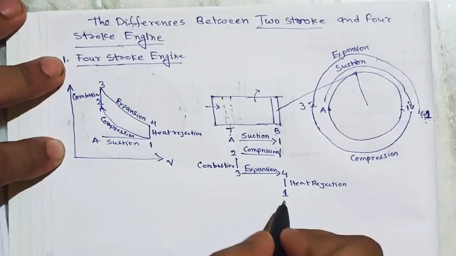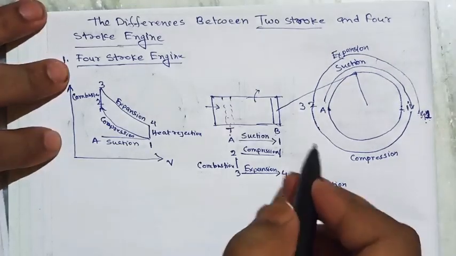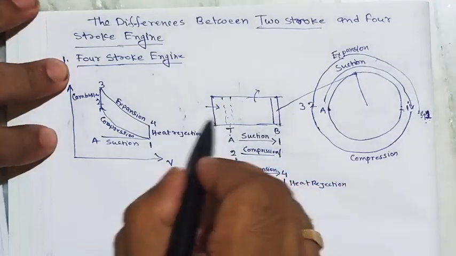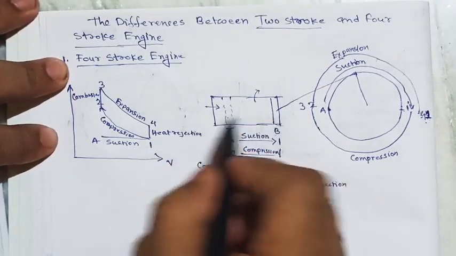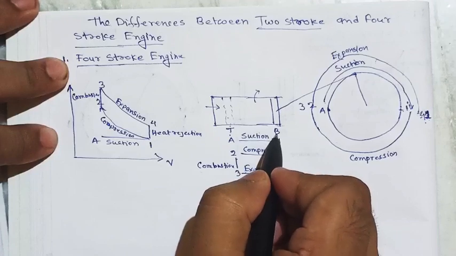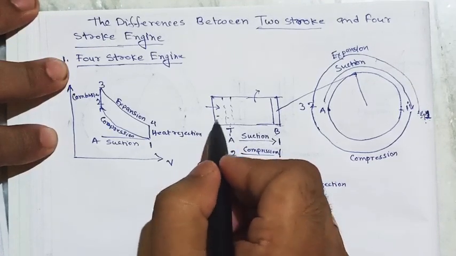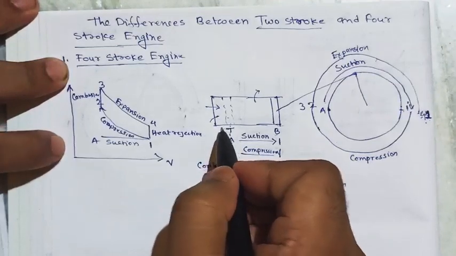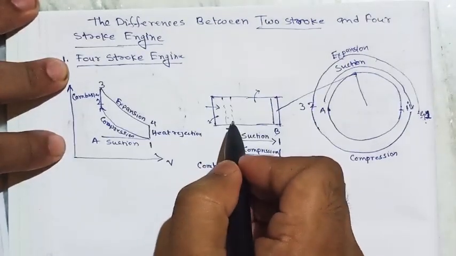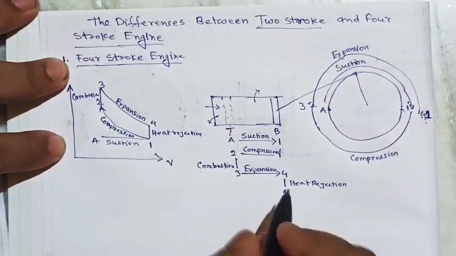Now after that, the piston will move during the exhaust process. During the exhaust process, the piston will move from B to T, and the combustion gas will exit from this chamber.